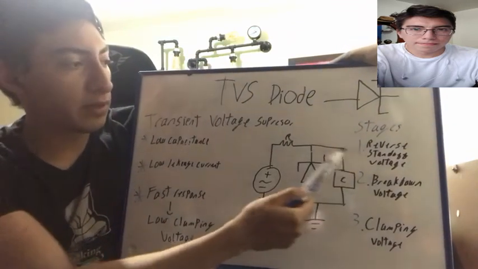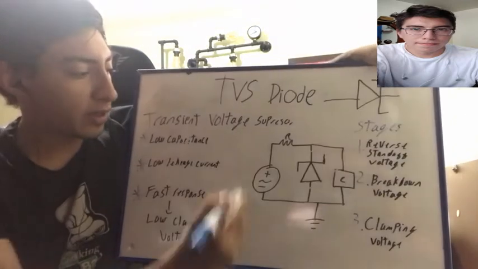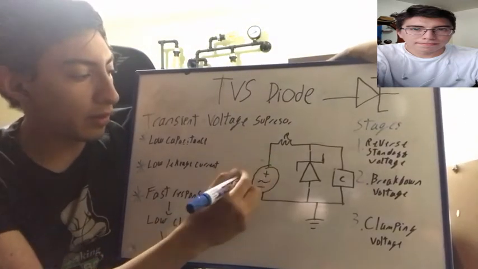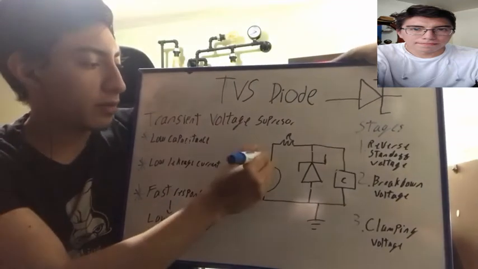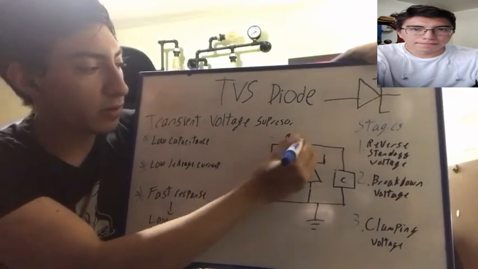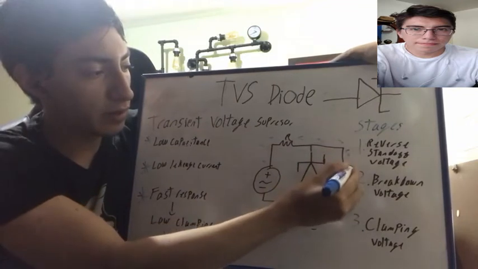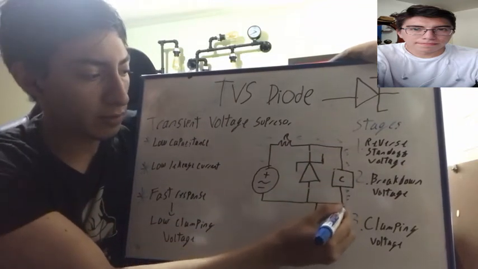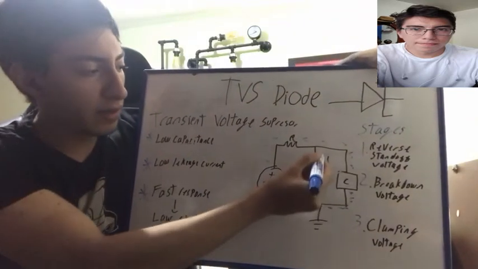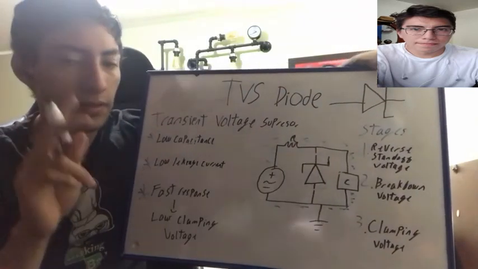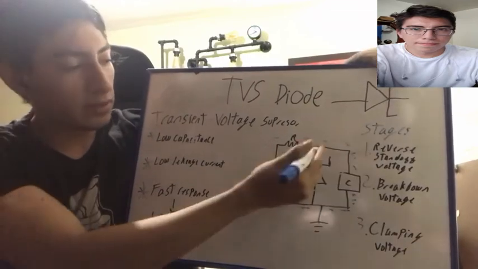The first one is the reverse standoff voltage, in which the voltage here will be low enough to produce small currents that will get into the circuit as normal. In this case, the diode will not be activated, because it will not conduct.